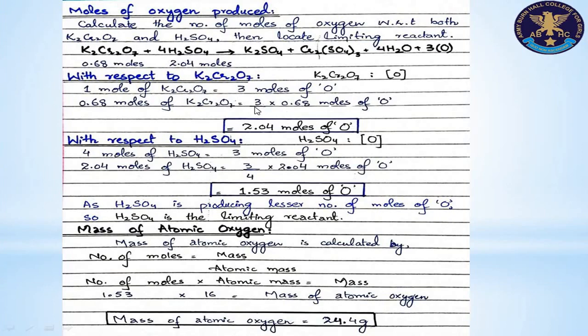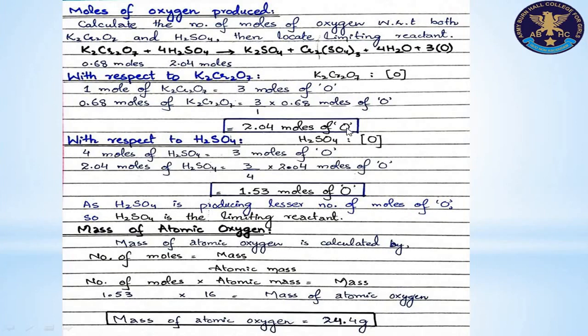This 3 divided by 1 is the conversion factor, because the atomic oxygen here is the desired quantity, while the potassium dichromate is the given quantity. After putting the values, 3 divided by 1 multiplied by 0.68, we get the moles of atomic oxygen produced with respect to 0.68 moles of potassium dichromate, and it is equal to 2.04 moles of atomic oxygen.